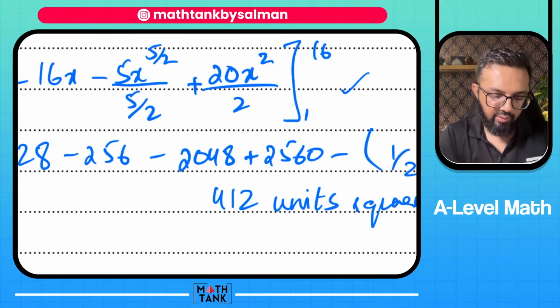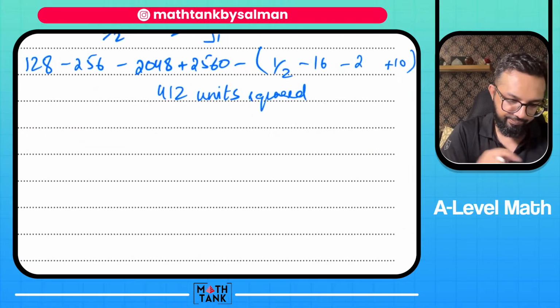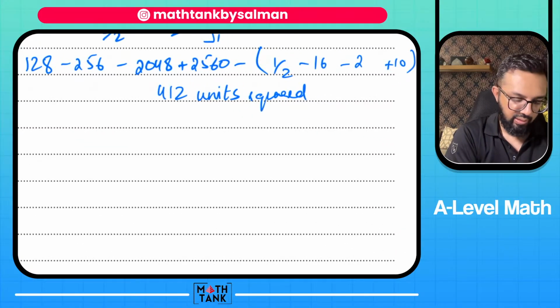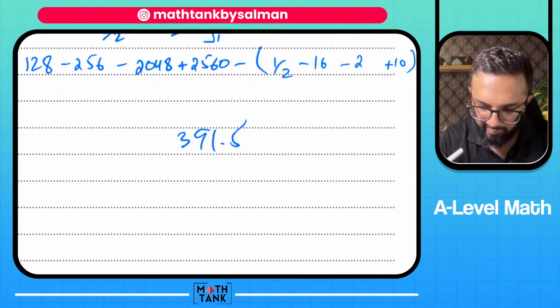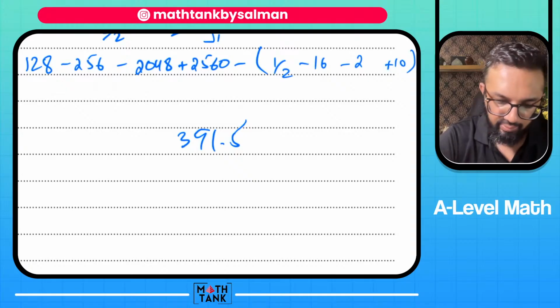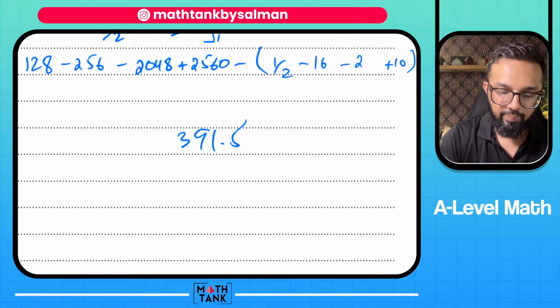The numbers seem fine. What am I doing wrong then? 128 minus 256 minus 2048 plus 2560 minus bracket 0.5 minus 16 minus 2 plus 10. Now I think I'm getting it right. That's 391.5. I think I had a calculation mistake somewhere. Yeah, that should solve it. Okay.